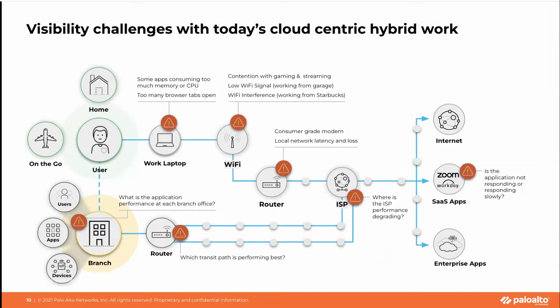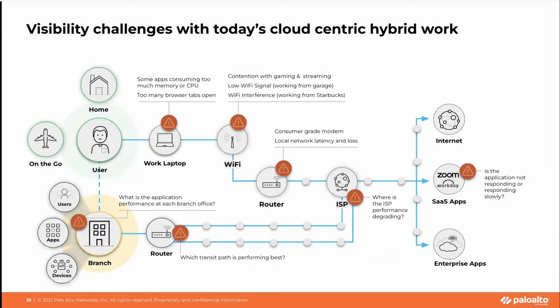So, today, visibility challenges with today's cloud-centric and hybrid work, whether the user is working from home, in a coffee shop, or back in the office 3 days a week or more than 3 days a week, they are always using some shared network and application services that IT has no way of monitoring for performance.